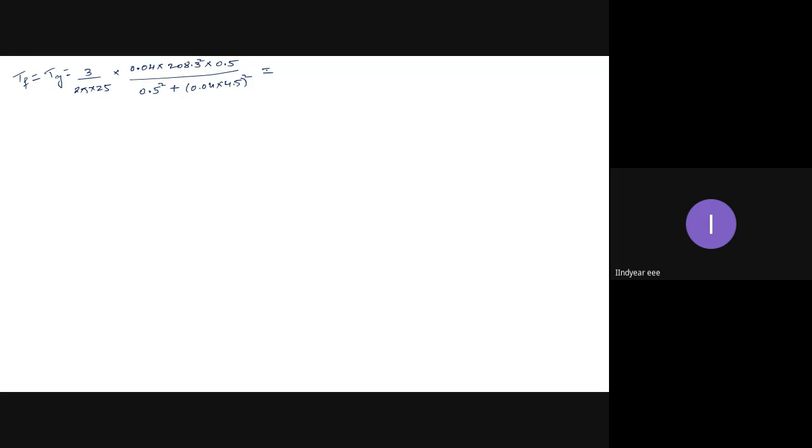This is 58.68 Newton meter. Is it right? All are getting the same? Yes, sir.